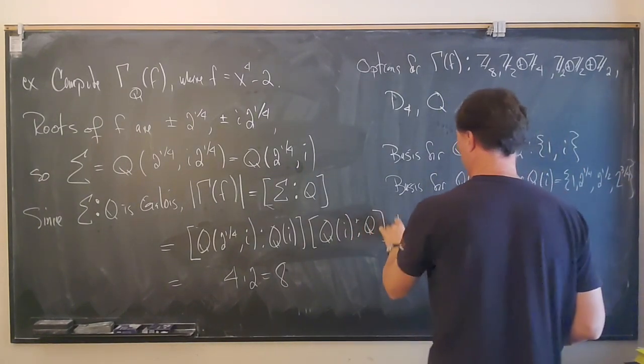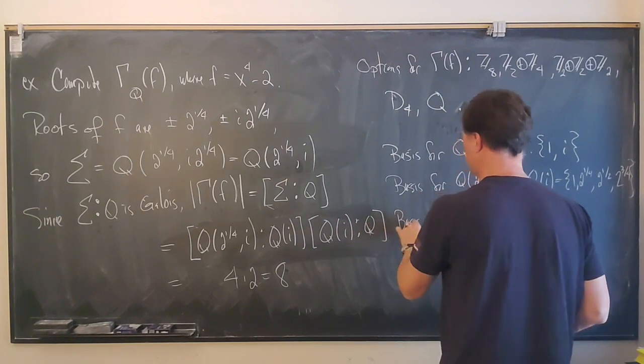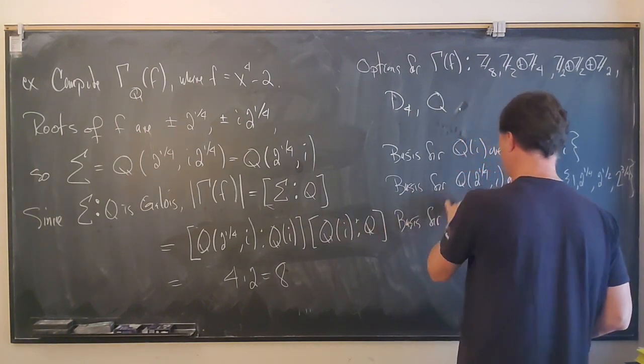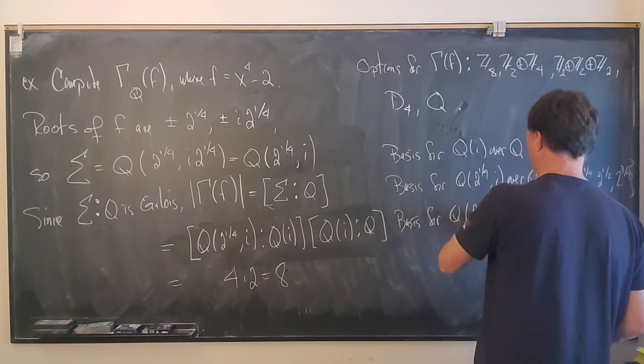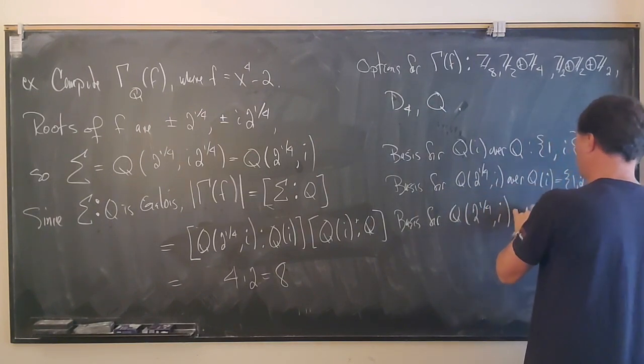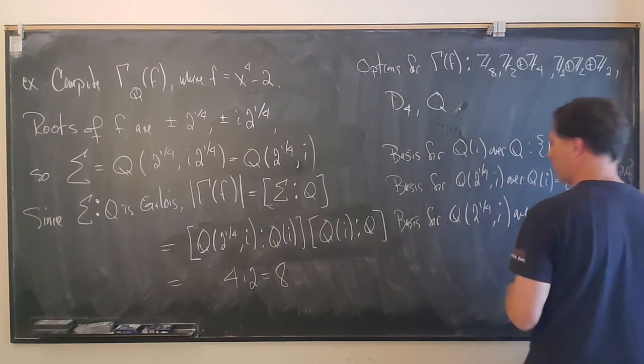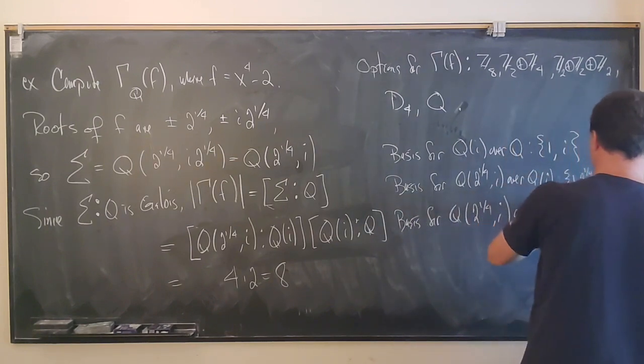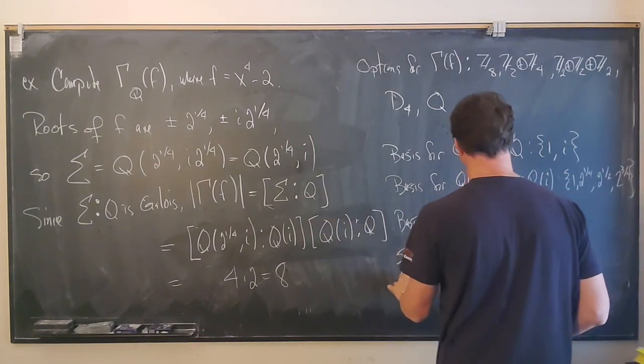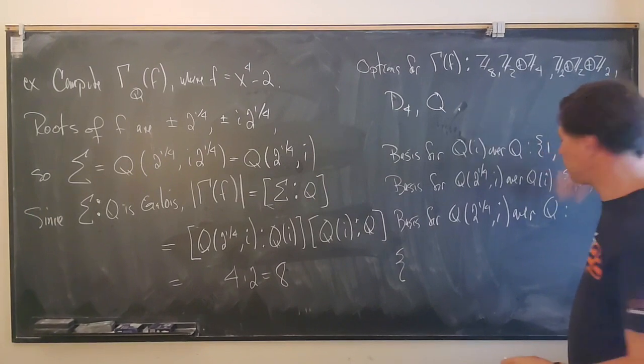So the basis for Q adjoin 2 to the 1/4, comma i over Q is going to be all possible products that you can make from these two bases right here.